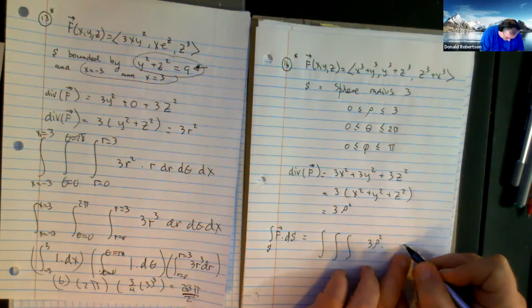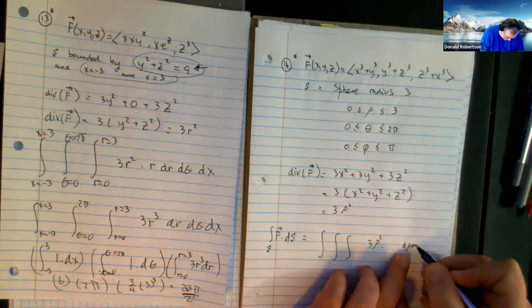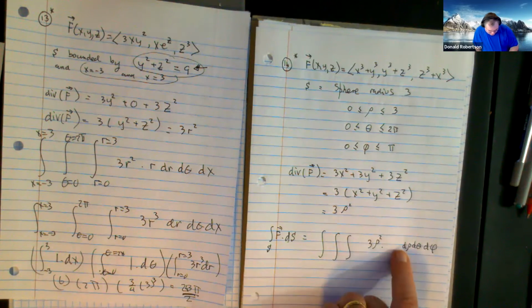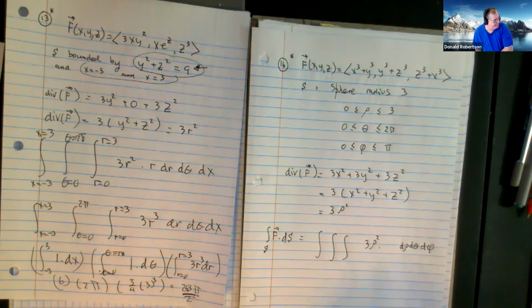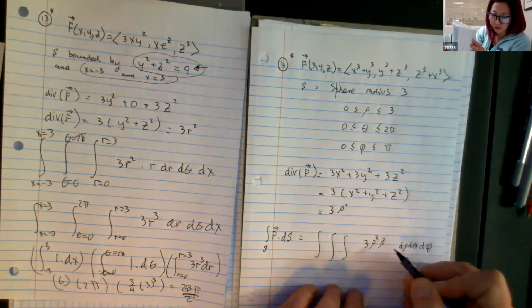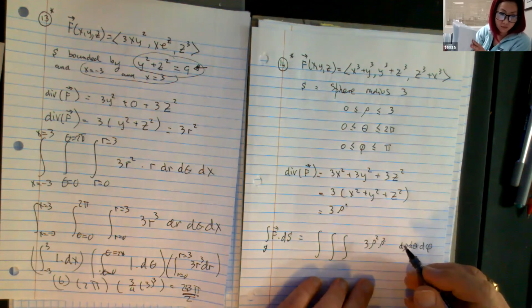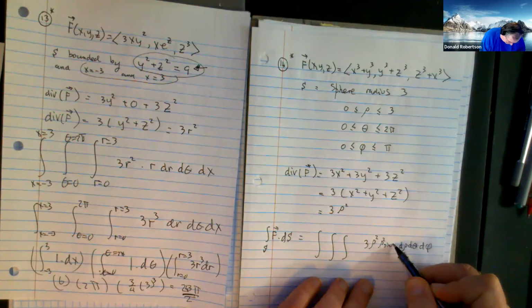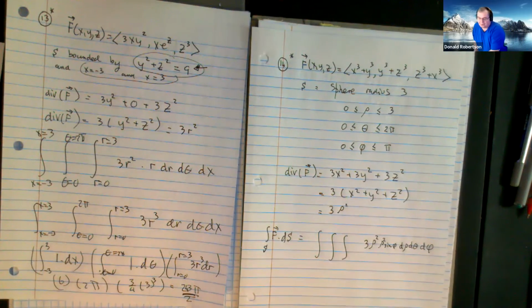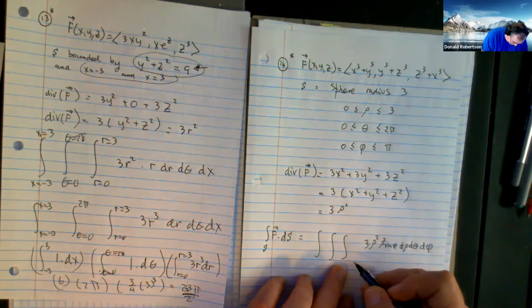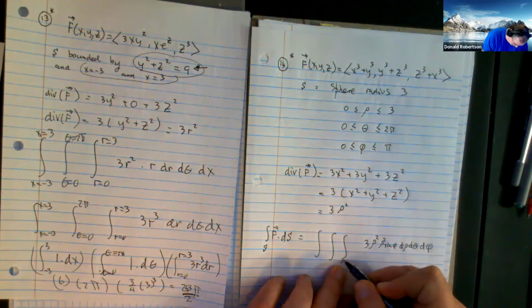I'll put in the easy bit, the d rho, the d theta, the d phi. But what goes here? It should be rho squared, sine squared of that squiggly thing. Rho squared, yes, but just sine of that squiggly thing, phi. Right?